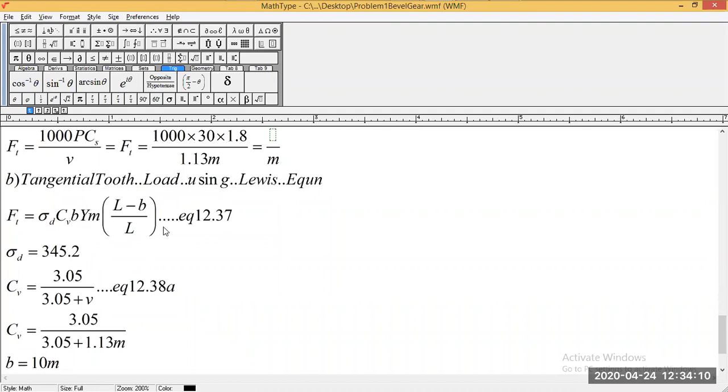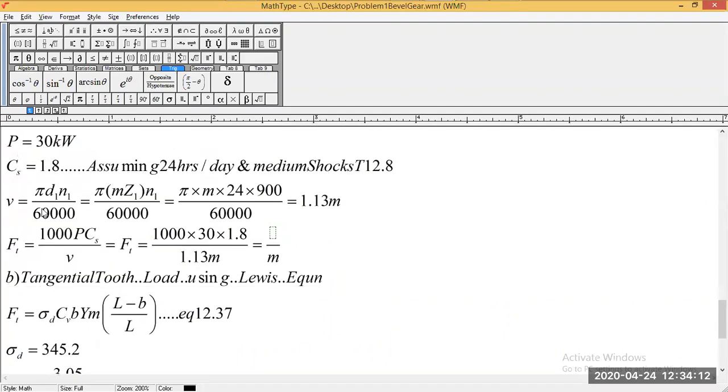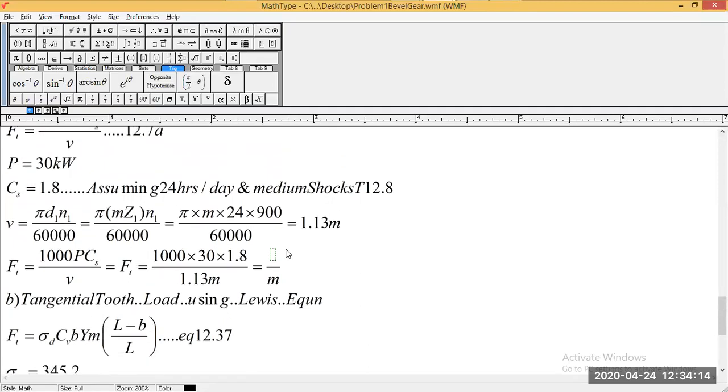Using this Lewis equation, and also from the first part we need to finish this. Anybody got the value? You can post it in the group chat. It is 1000 times 30 times 1.13.